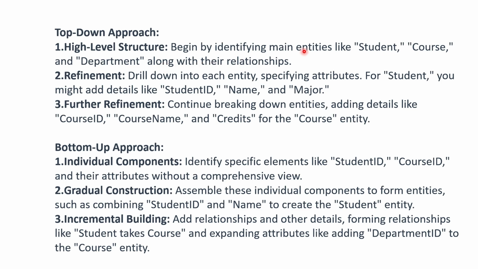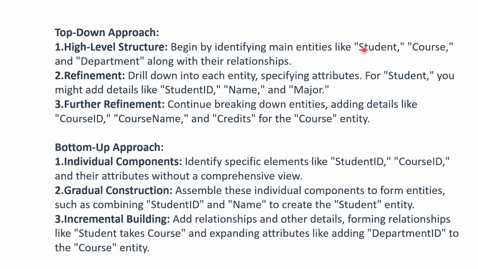Here the student, course and department are the high level structure, and then you drill down to identify specific attributes. For student, you can have student ID, name and major. Further you can refine it with details like course ID, course name and credits for the course entity. So this is the top down approach.